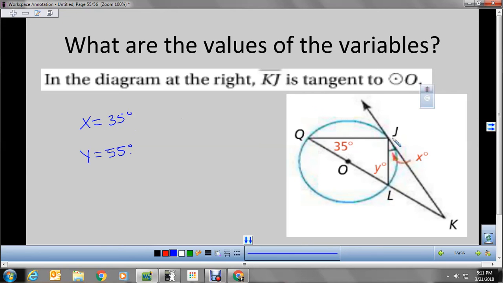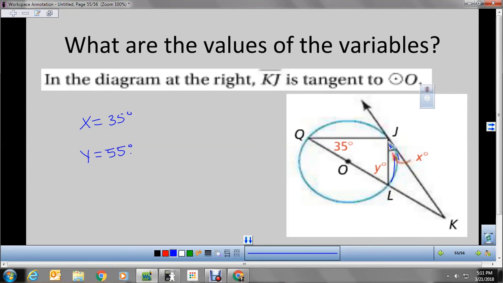The way we found this out is that x is this angle right here, and it opens up to arc JL. Well, inscribed angle Q, which is 35 degrees, opens up to the same arc, JL. And because these both open up to the same arc, both of these measures would be the same, so x is equal to 35.